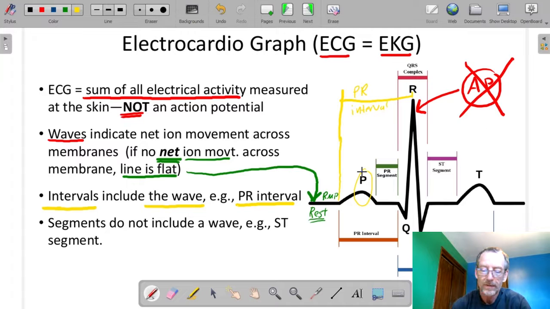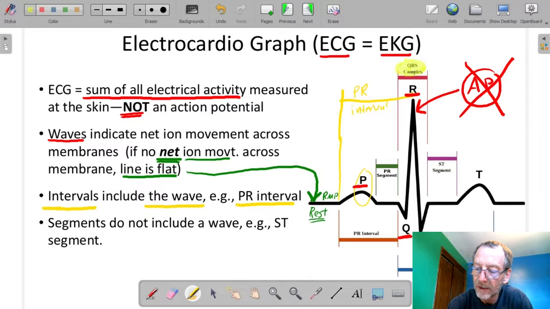So the way the EKG reads, maybe I should have gone over this first, is just in alphabetical order. The first event is the P wave. We'll go through this. So it goes P, and then there's a Q where it drops down, and then an R wave at the top, and then an S. And that's referred to as a QRS complex.